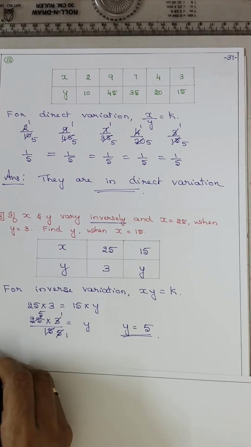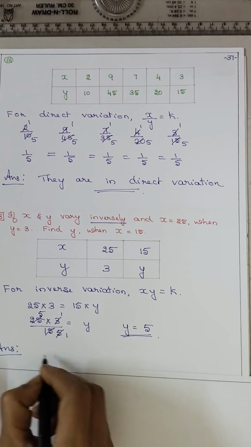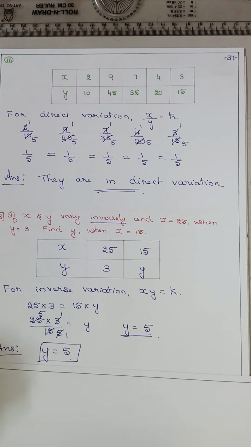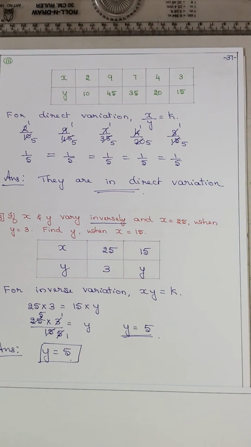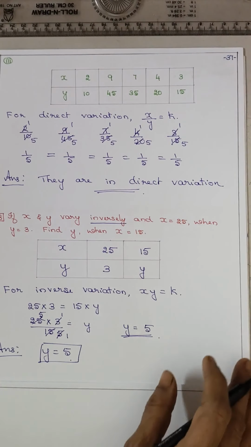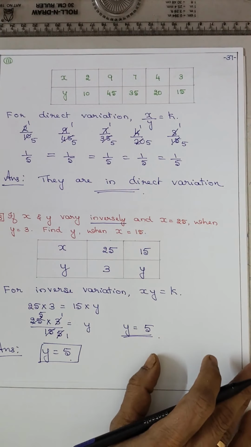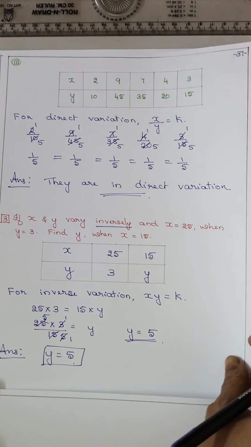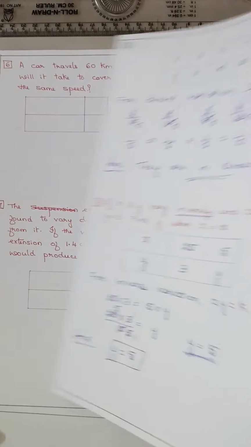So the answer, y is equal to 5. Is it okay? X and y are given the values and find out the value of y. That was question number 3.